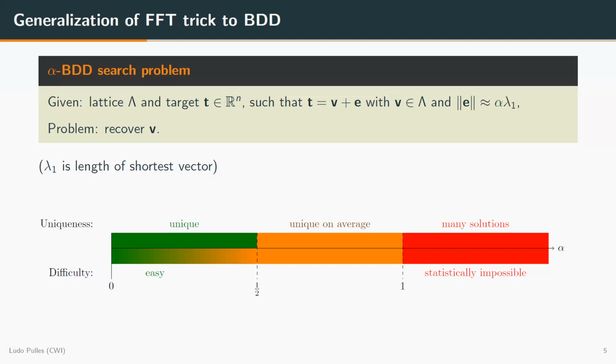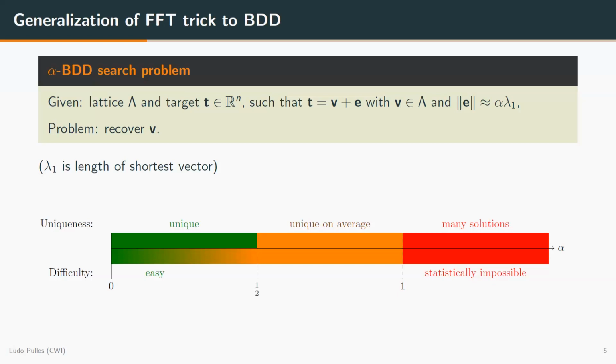And if you have alpha below 1/2, there can only be at most one lattice point that is close enough to this target. And even when alpha is between 1/2 and 1, on average, in a random lattice, we expect only one lattice point to be close enough to this target.